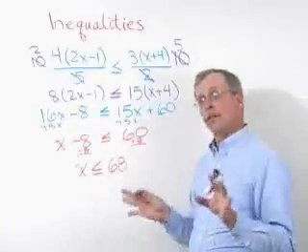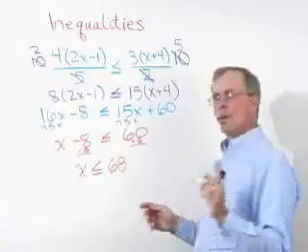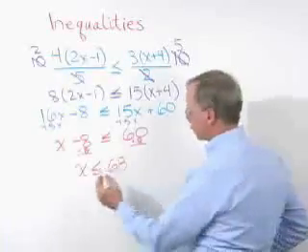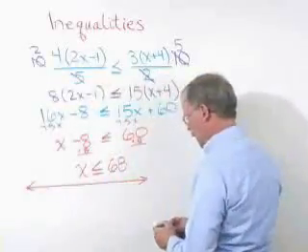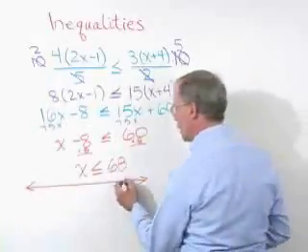However, there are two other ways to express the inequality as a solution. One way is to look at the number line graph. What we do in this case is locate 68 on the number line.